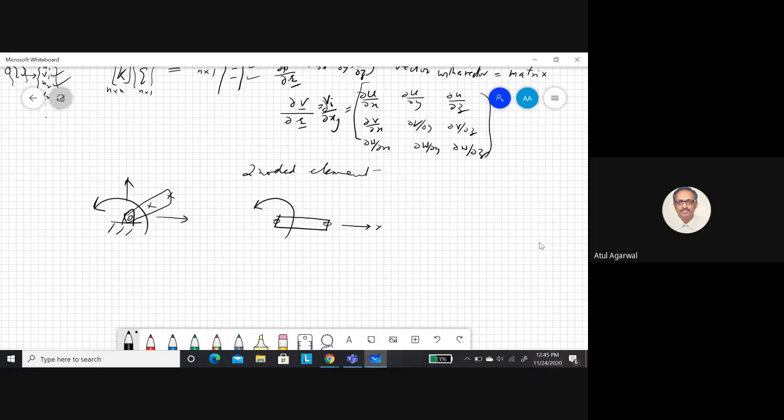So this is my x-axis. Now I want to find displacement of node 1 and node 2. Suppose u1 is 0. So what is u2? And this rod is just spinning with angular velocity omega. So how will you do this problem? Any ideas? Anyone who can tell me how to go about it? I'm listening.